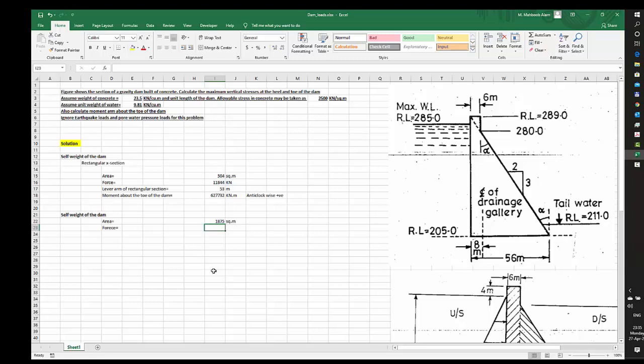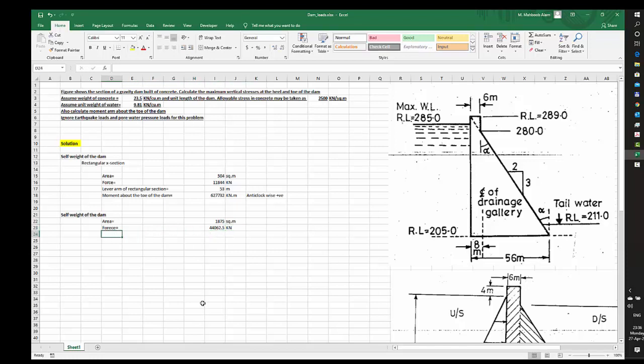So it's equal to this value multiplied by the unit weight of concrete and then multiplied by 1, and I'll get this value of 44062.5 kilonewtons.